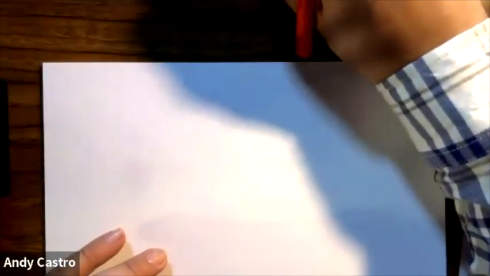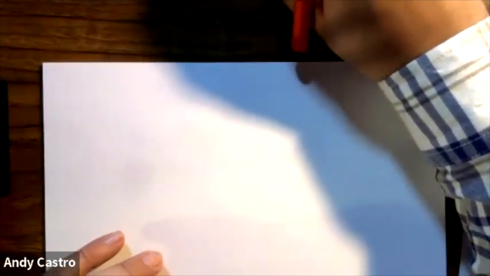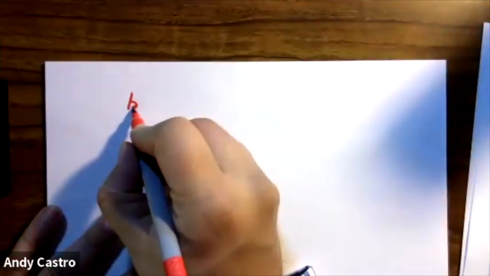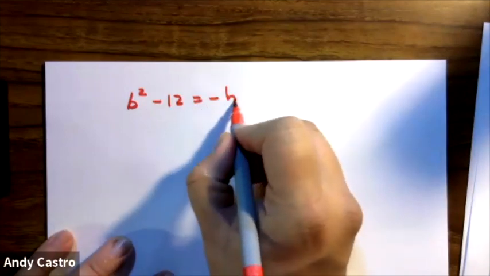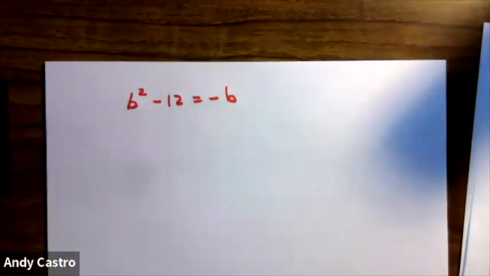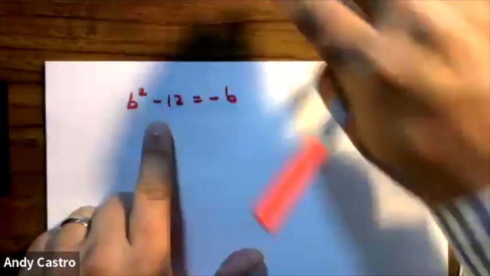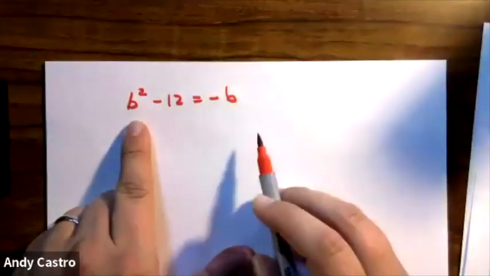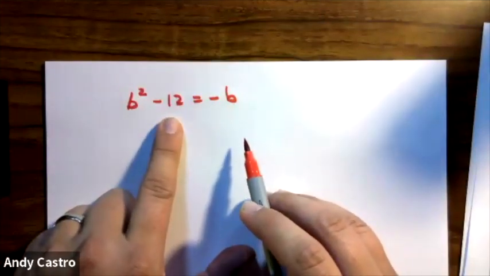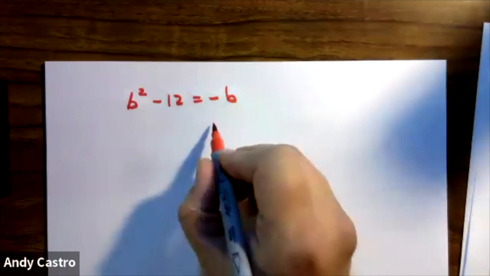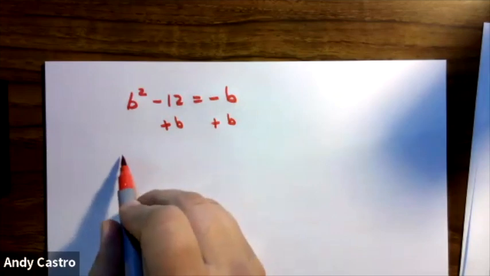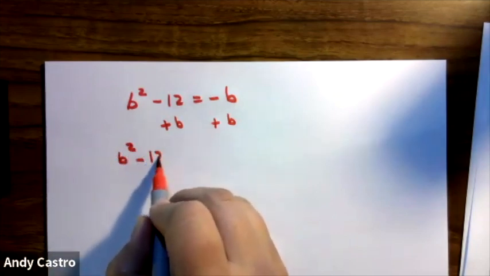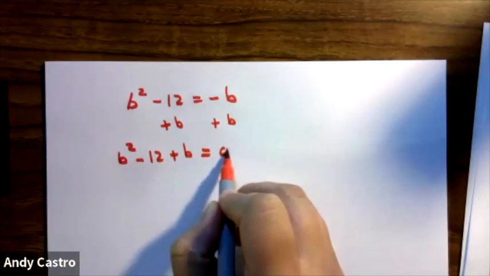Let's do another one like that. We've got b squared minus 12 is equal to negative b. Okay, so I can see that I have b squared on this side and another term on this side, and then my third one over here. So I'm going to add b to both sides. Okay, and this is going to be b squared minus 12 plus b is equal to 0.